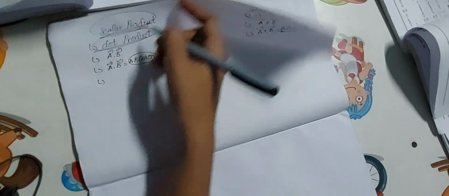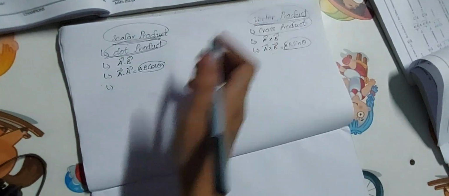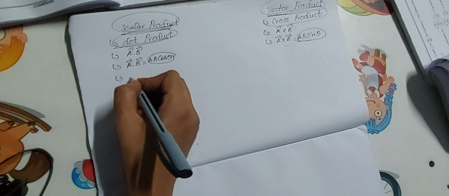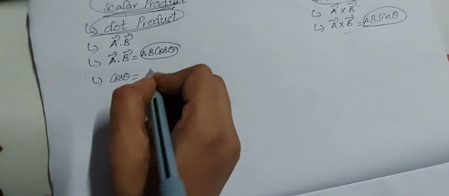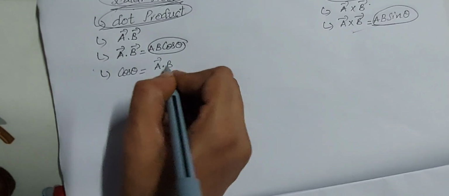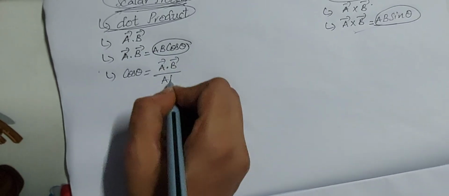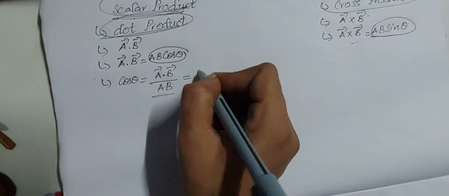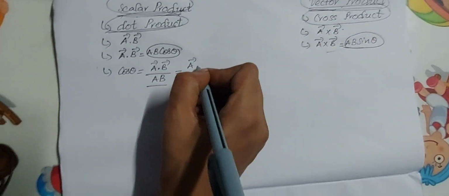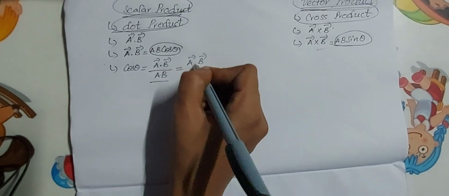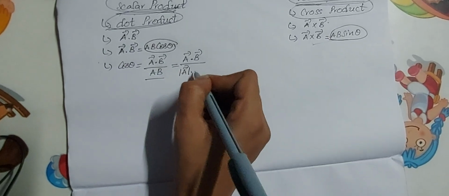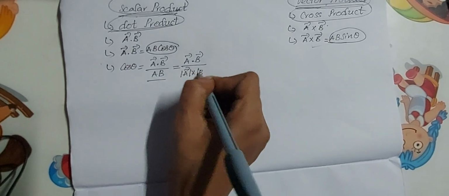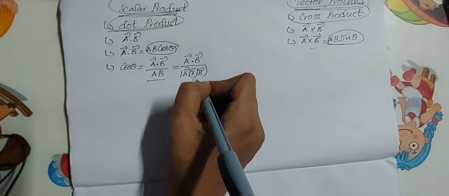Now, if your question asks to find the angle between the two vectors, from the above formula we get cos theta is equal to a bar dot b bar by AB. Here AB means we have to take the magnitudes of the two vectors individually, that is mod A into mod B. Here you should not consider it as a cross product.